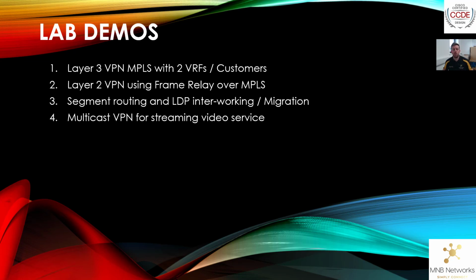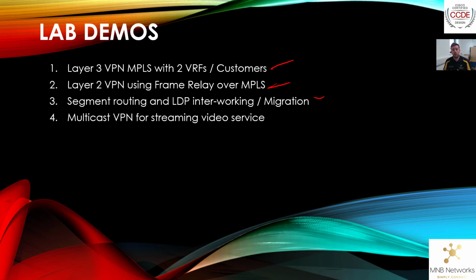So we've got labs that we will demonstrate: layer 3 VPN with a couple of VRFs, layer 2 VPN, a segment routing lab where we have LDP and segment routing coexisting before we then show the interworking between segment routing and LDP.